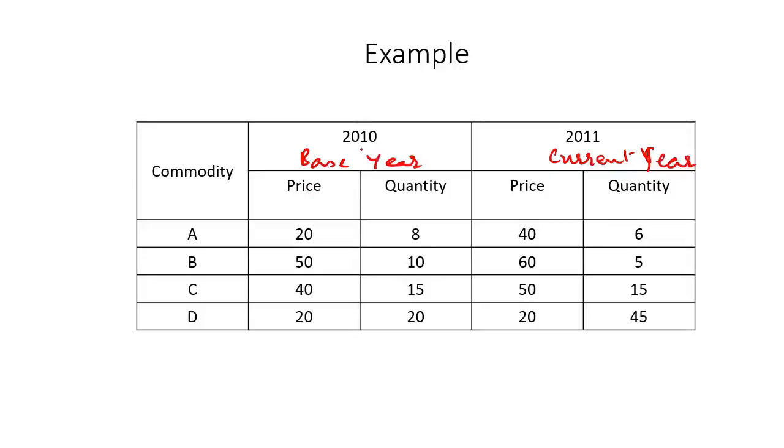So the prices in the base year are P0, quantities in the base year are Q0, prices in the current year are P1 and quantities Q1. This is the same data that we have considered in the previous modules as well. Now our question here is to test Laspeyres, Paasche's and Fisher's index number using these various tests that we have specified in the previous slides.